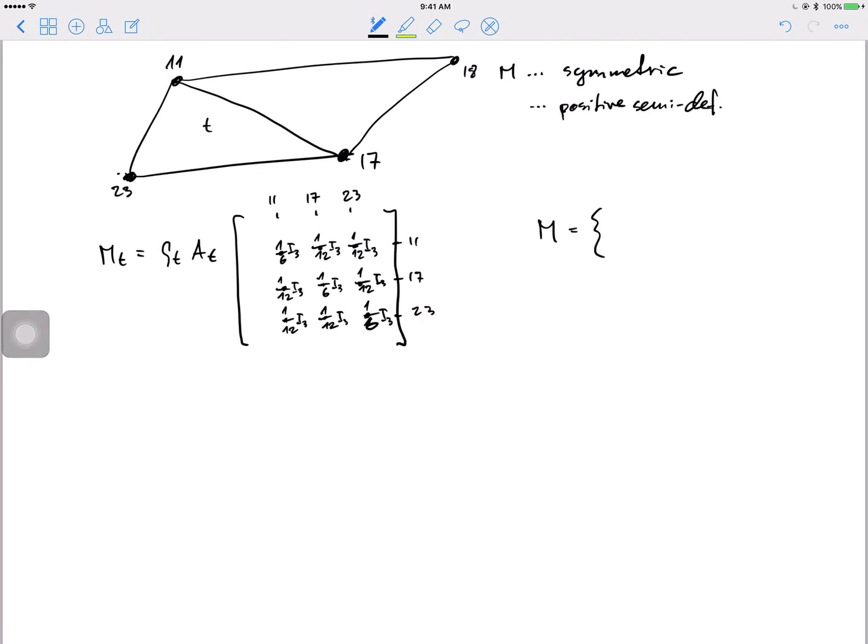So Mij is going to be non-zero either if i equals j, or if i and j are connected by an edge. It's going to be 0 otherwise.